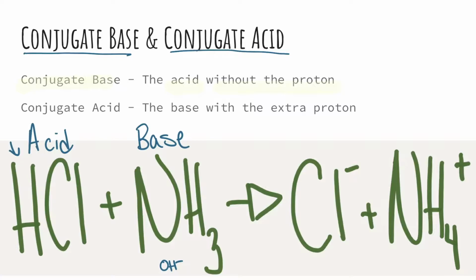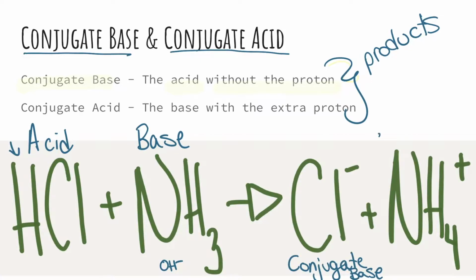And specifically, we're going to look for both the conjugate acid and the conjugate base on the products side of the arrow. So in this case, the conjugate base is going to be the Cl minus. And then the conjugate acid is going to be the ammonium. Another way you might consider this is if I were looking at the reaction going in this direction.